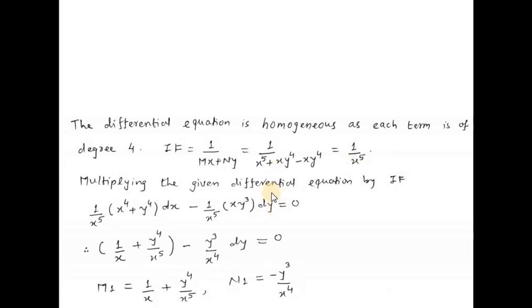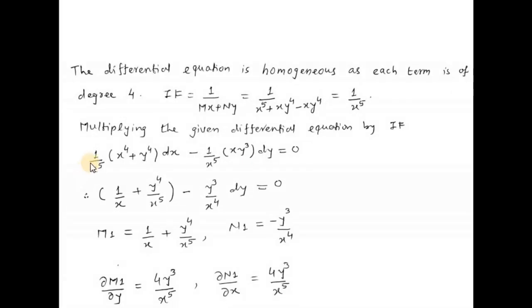Now multiplying the given differential equation by the integrating factor, we get 1 divided by x raised to 5 times (x raised to 4 plus y raised to 4) dx minus 1 divided by x raised to 5 times x y cube dy equal to 0.